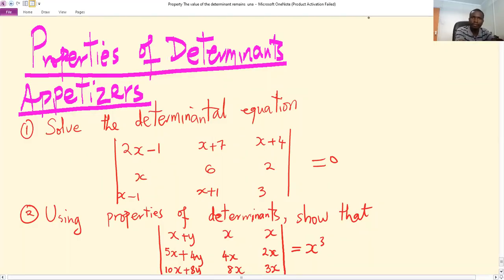Welcome to this session. You have two problems here to solve involving determinants. So copy the question.